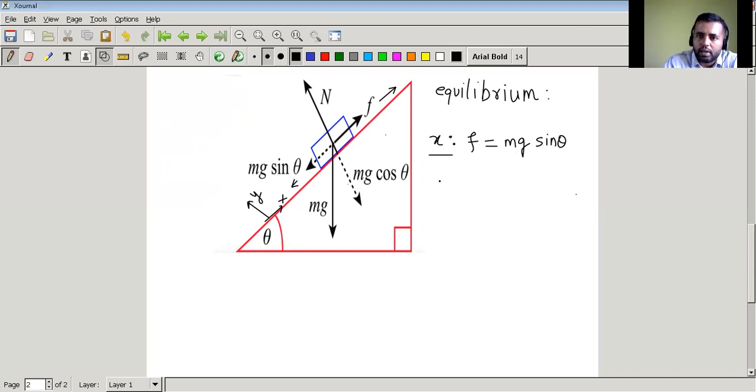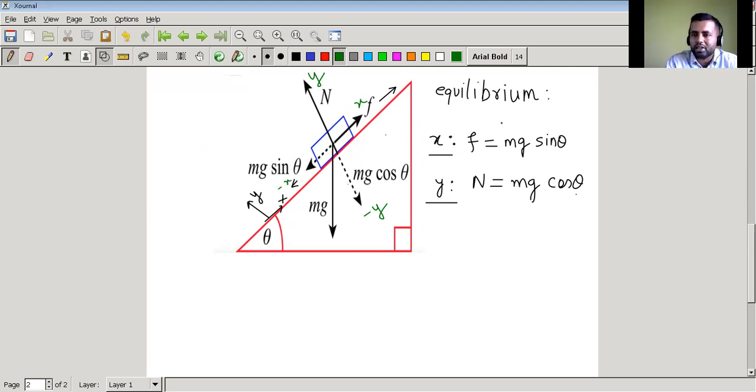Right? And for y direction, this contact force N should be balanced by mg cos theta. Right? Now for our purpose, let us just mark it so that this is your y-axis, this will be minus y-axis, this will be x-axis, and this direction is minus x-axis. Fine. So along x, this is a condition, along y, this is a condition.